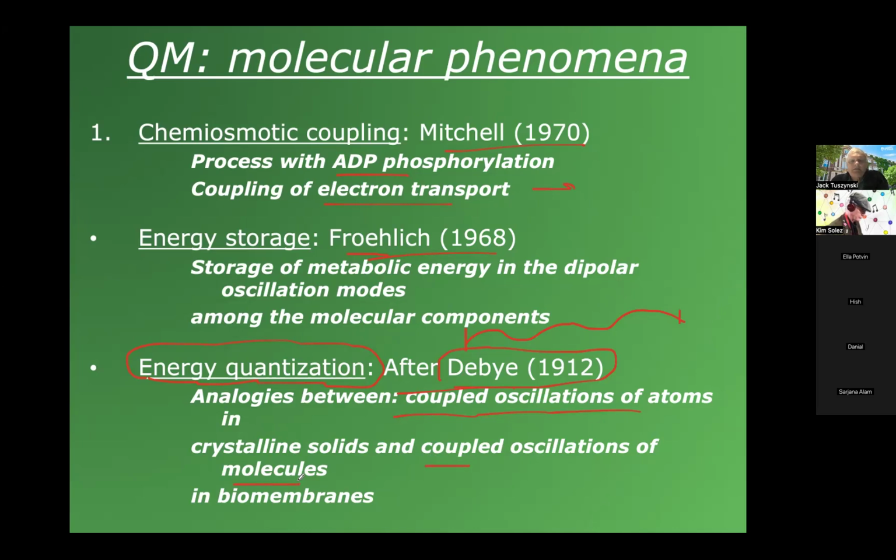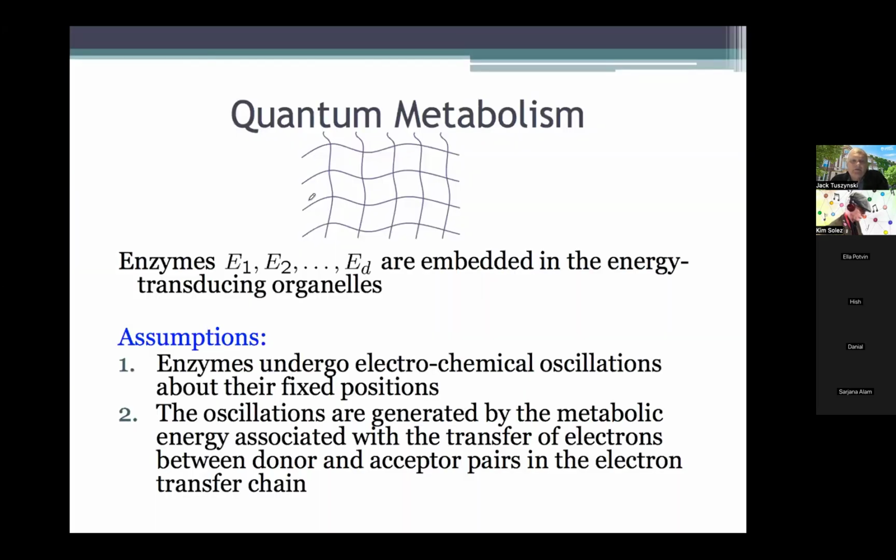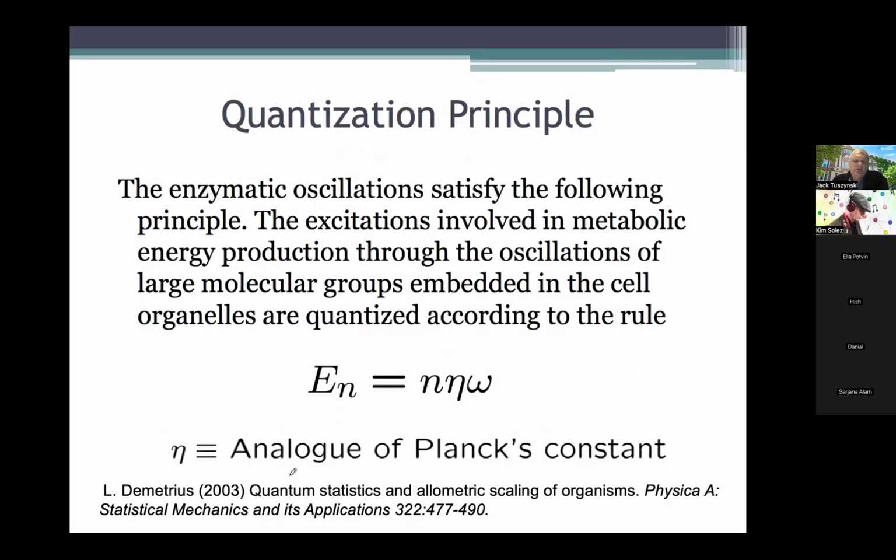So these three building blocks put together form the foundation of quantum metabolism, and these oscillations can be quantized. I'm not going to go through the math too much, but this is the assumption that the nth energy level in the metabolic energy production excitations has n quanta, and omega is the characteristic frequency for these enzymatic oscillators.